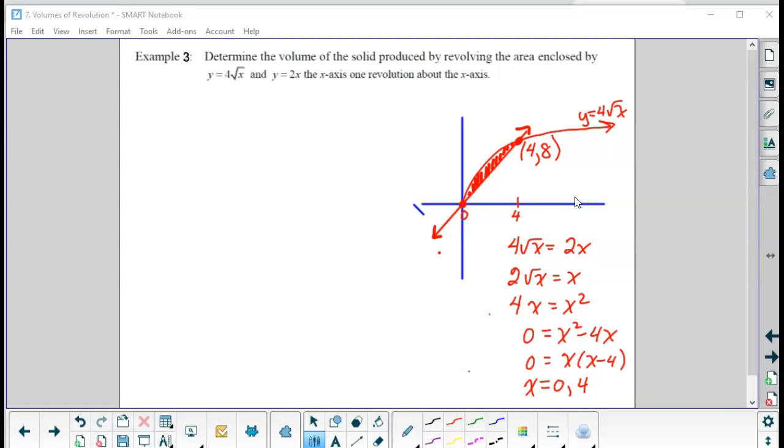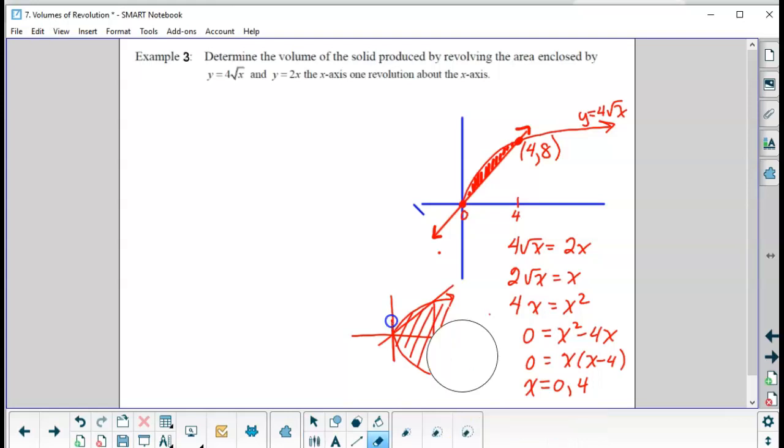So think about it as you're taking this radical function and rotating it, so you're really getting this volume here, and then you're taking your line and rotating it, and when you rotate that, it's going to be like this.